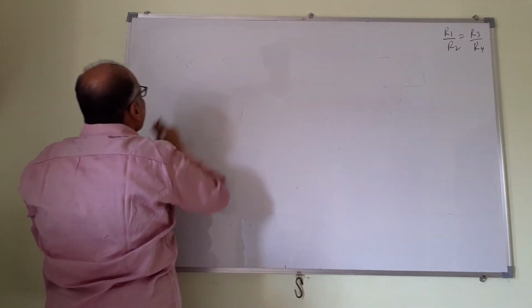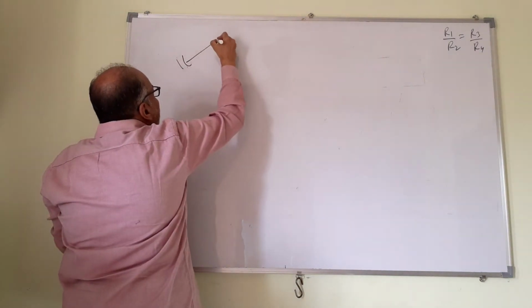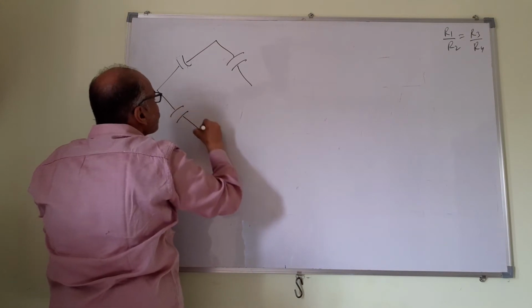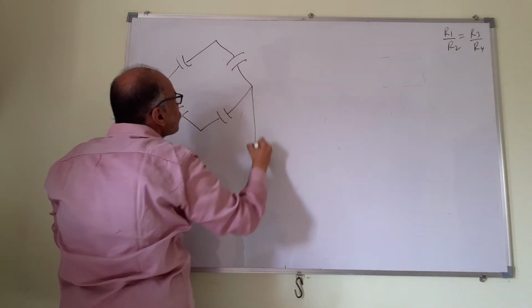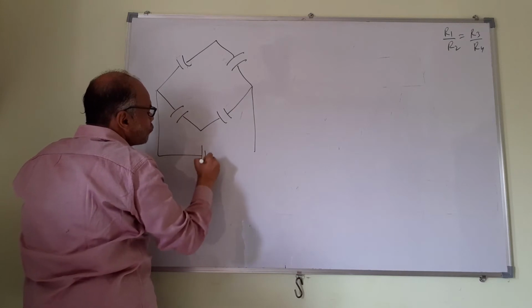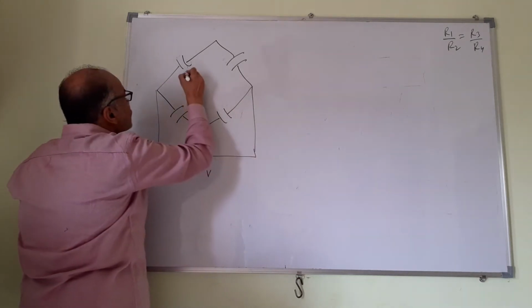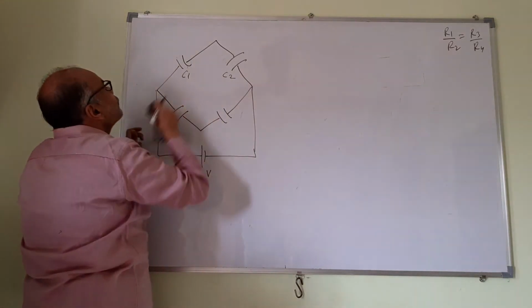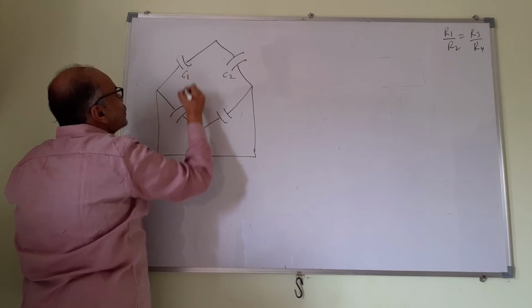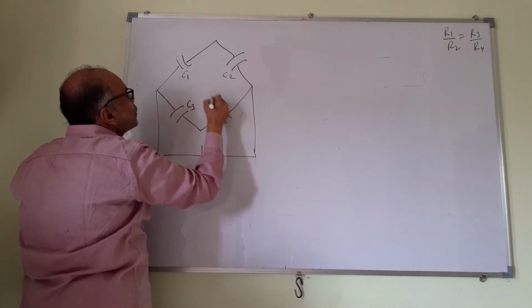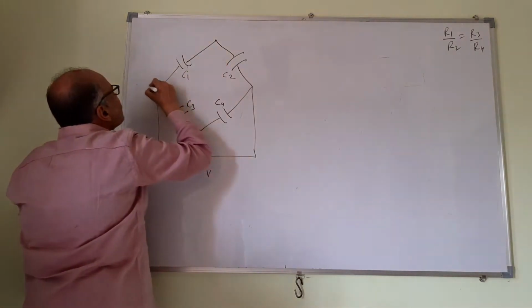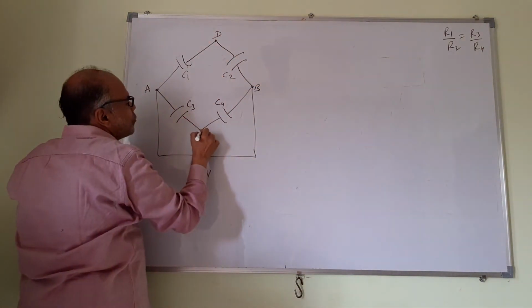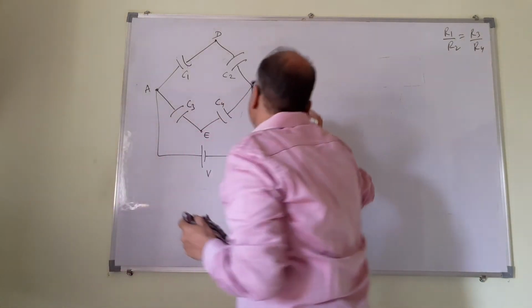So I'll draw 4 capacitors here. C1, C2, C3, C4. This is A, B, D, and E. You're saying that it is balanced.